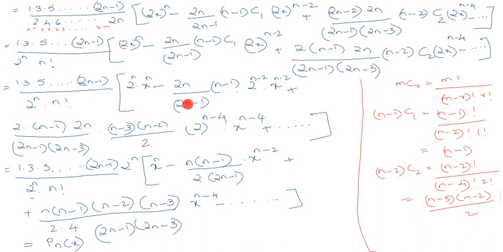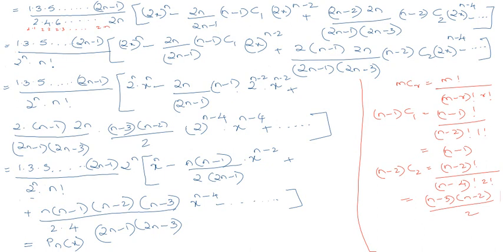So while doing all this manipulation, the resulting equation is 1 into 3 into 5 etc. 2 raised to n minus 1 into 2 raised to n and divided by 2 raised to n into n factorial.